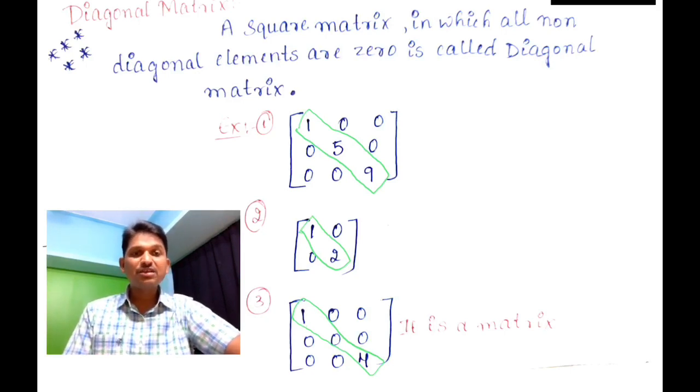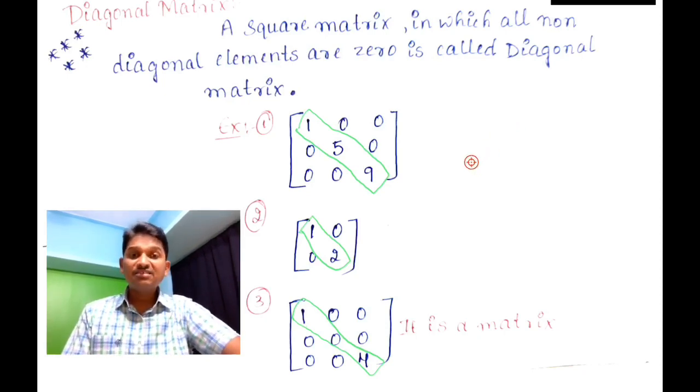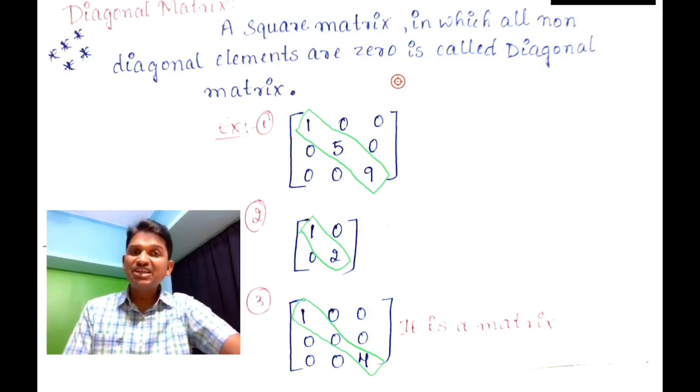First point, is it a square matrix or not? Yes, it is a square matrix. All non-diagonal elements are 0. In the definition, they specified only non-diagonal elements. They have not specified anything about diagonal elements. They are saying all non-diagonal elements are 0. You see, these are all non-diagonal elements. All these are 0 now. Does this matrix satisfy this condition or not?